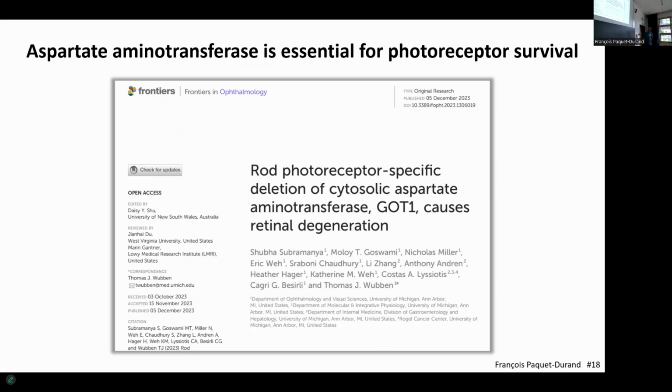So this was published by the group of Thomas Rubin in Michigan, and they call this enzyme GOT1, and there's actually other names for it in the literature, which kind of adds to the confusion, but this is the same enzyme. GOT1 is AST1, and they found that when you ablate that in photoreceptors, or rod photoreceptors in particular, they die. So it's obviously important.